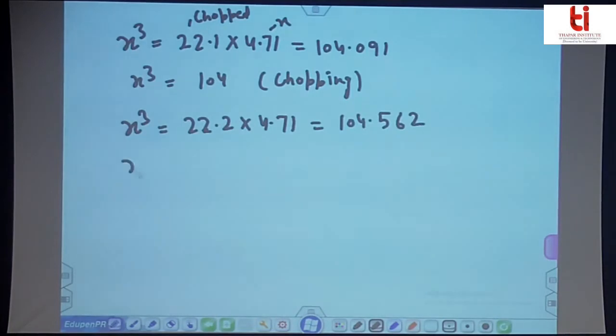After this we have to truncate, so it will be 105, because we are using rounding. So 105.